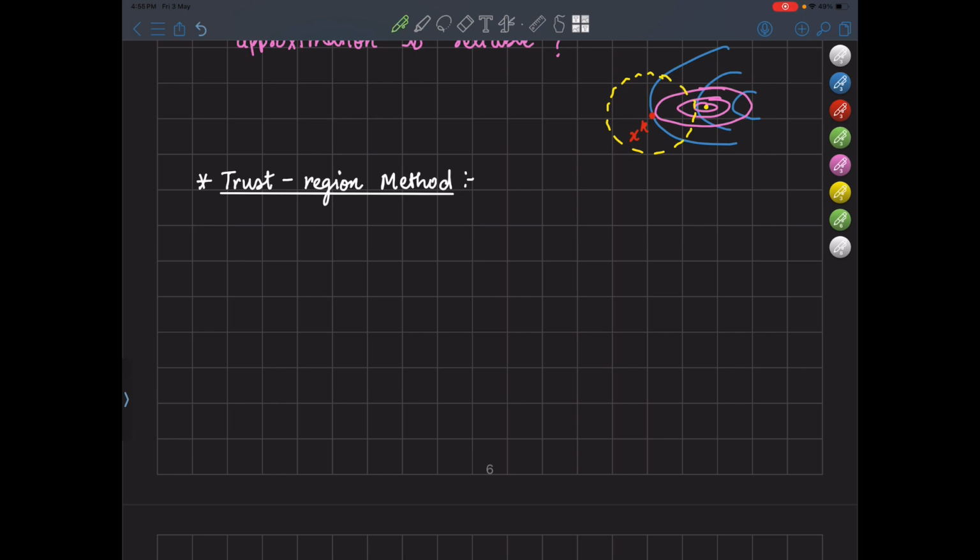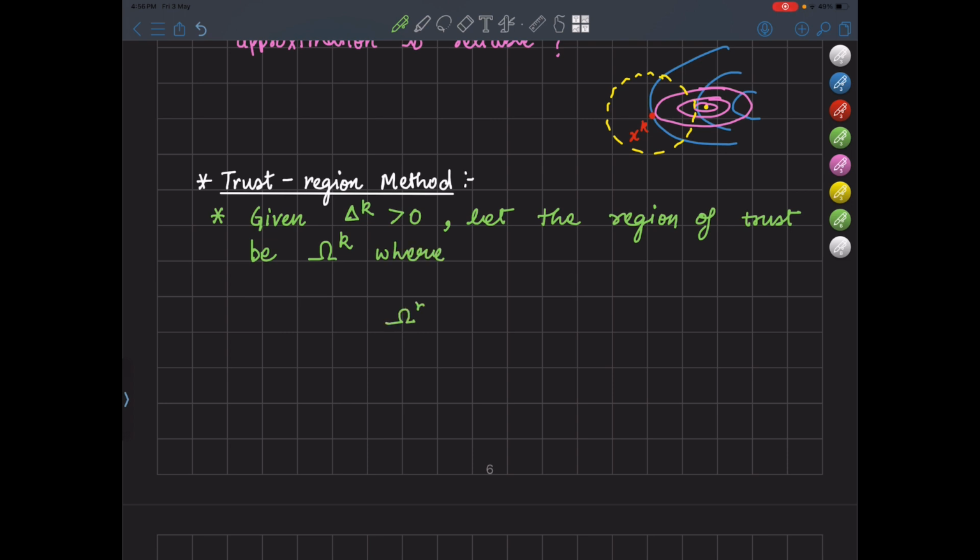So given some real number delta k greater than 0, let the region of trust be omega k, where omega k is given by the set of x such that the norm of x minus xk, or xk minus x, same thing, is less than or equal to delta k.